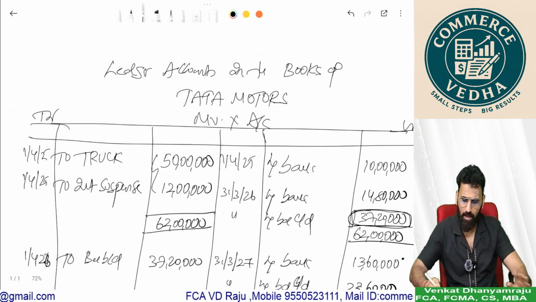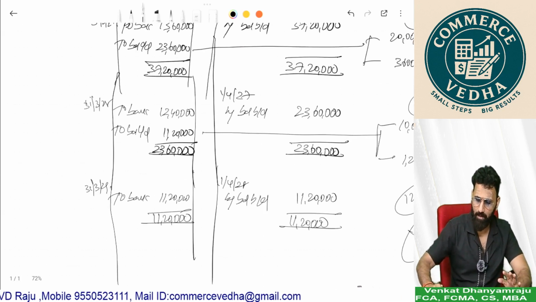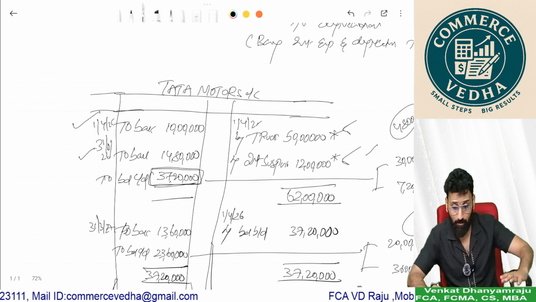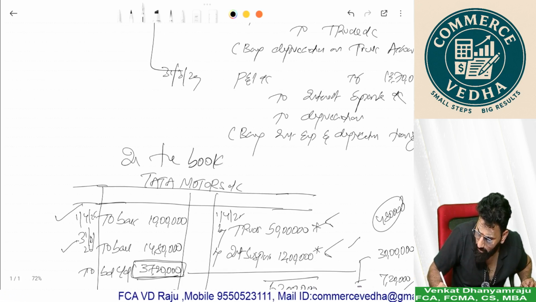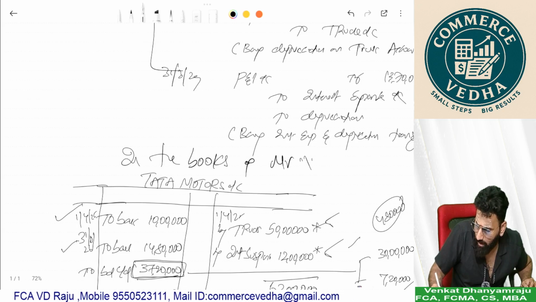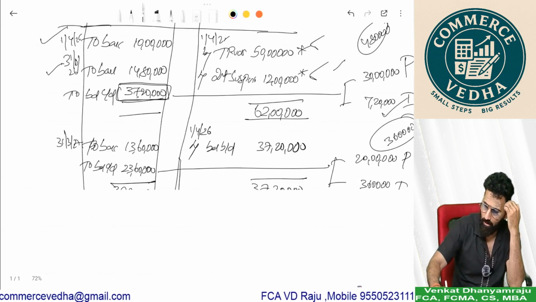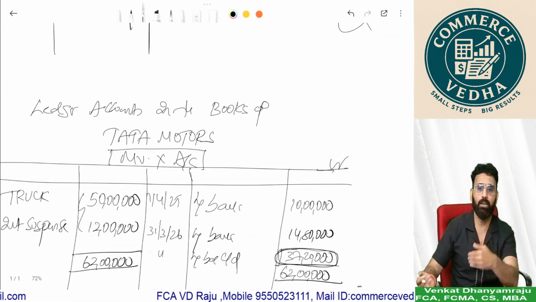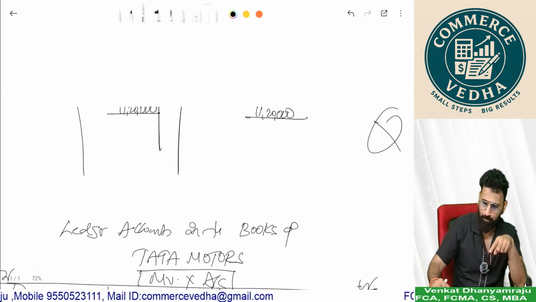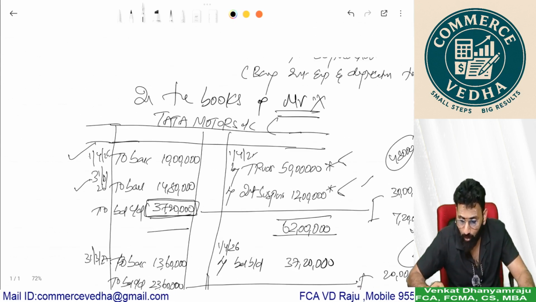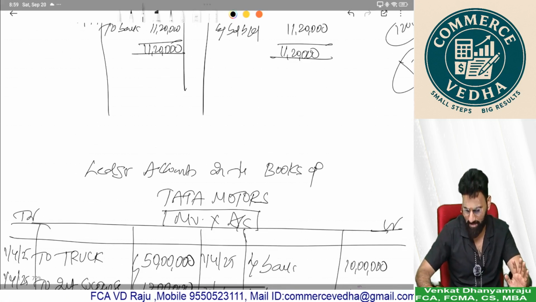So this is the X account in the books of Tata Motors, and this is the Tata Motors account in the books of Mr. X. For him he is creditor, like lender. For him he is debtor, receivable. So debit balance in the books of Tata Motors and credit balance in the books of X. So interest suspense account is a very simple understanding here.